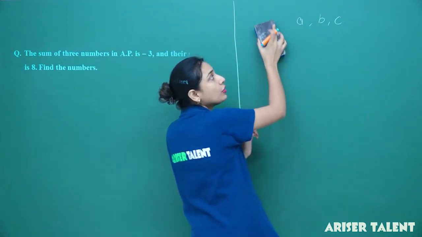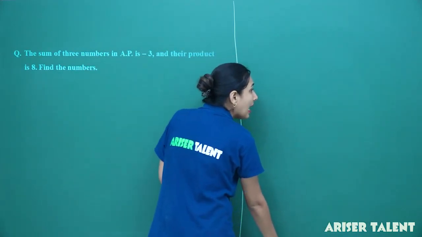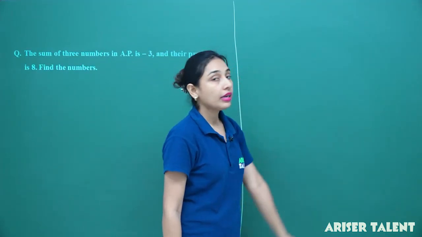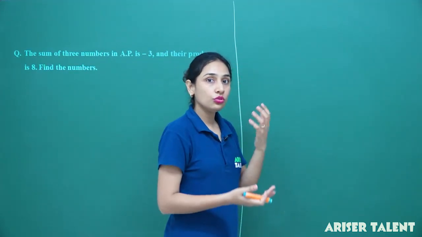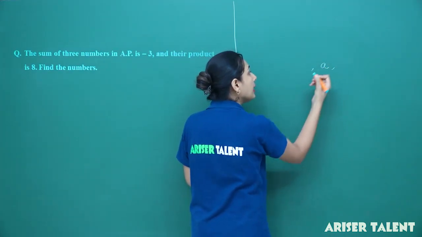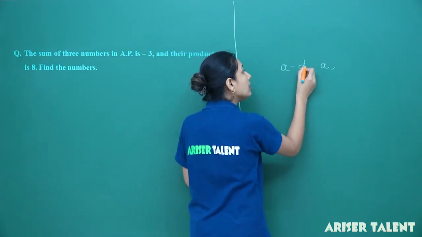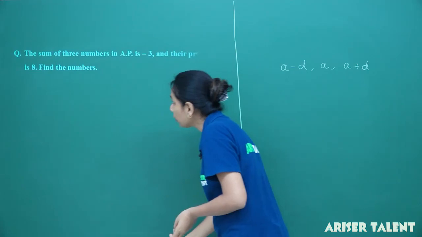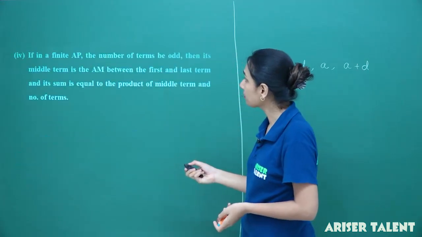So how will you suppose? You will not suppose it like ABC, because you will be having three unknowns there. You don't have to magnify your unknowns. You have to sort it out. So that can work with A minus D here, A plus D here. Okay. If you are not sure, you can check it.